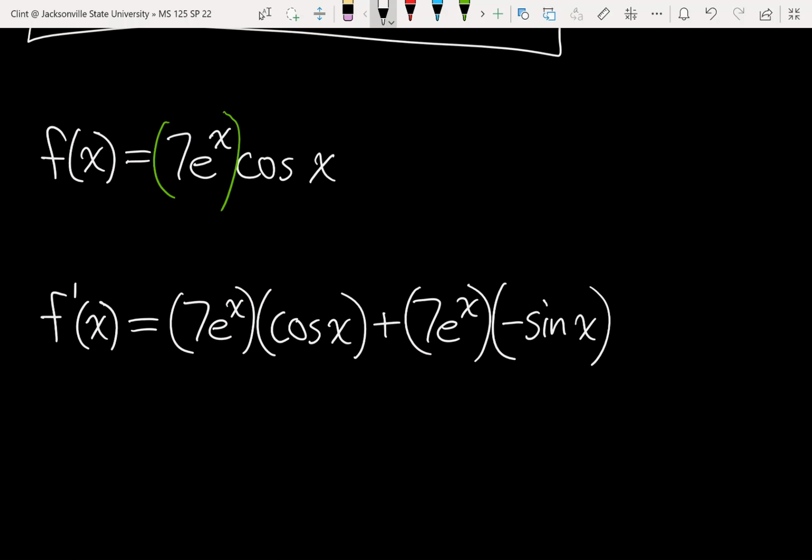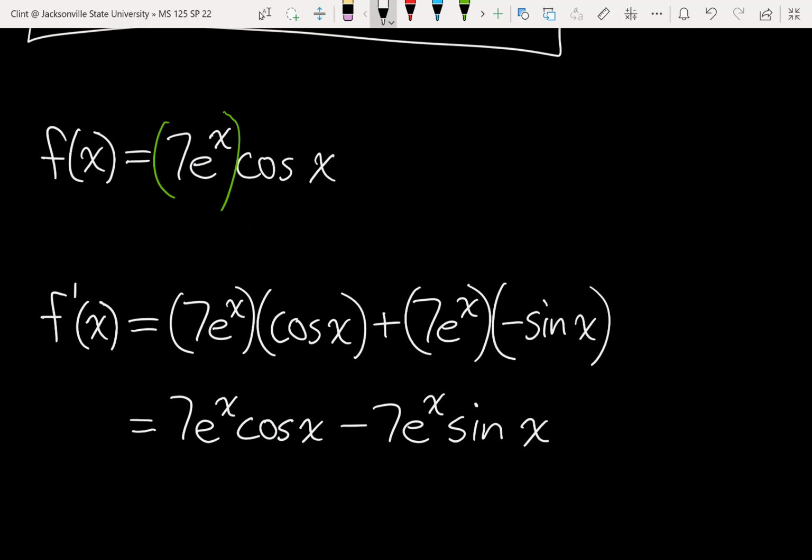Like, is this where I took the derivative, or is this the original function? Which one did I write down there? So if that's fine for that, we could also write it 7 e to the x cosine x minus 7 e to the x sine x. Maybe a little more standard.